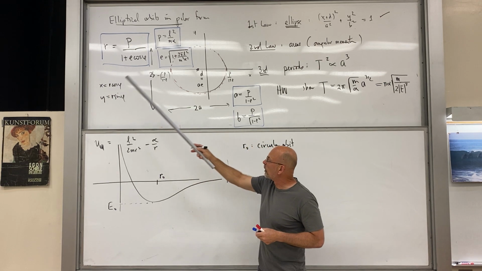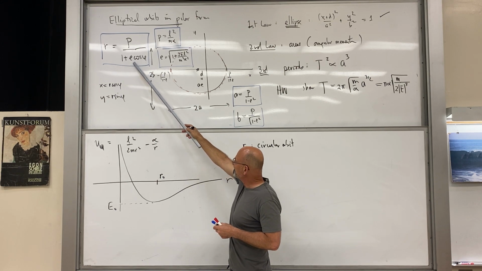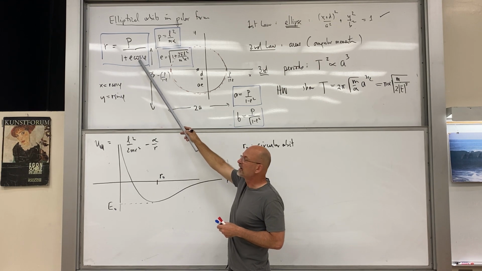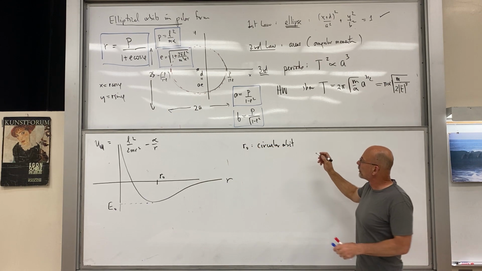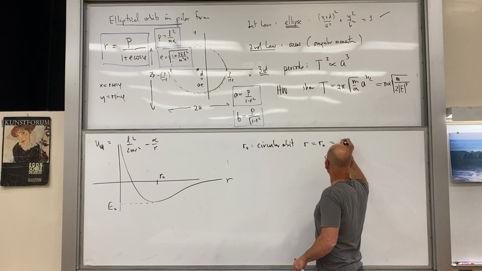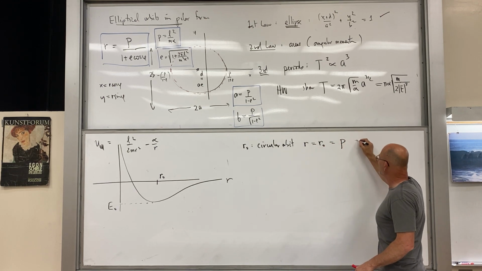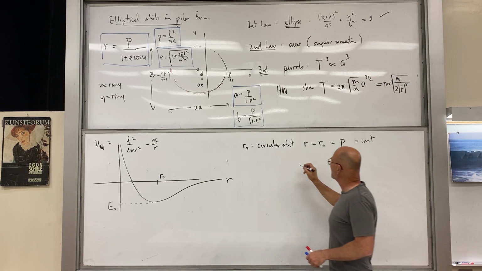We see the circular orbit when r is constant, and that'll be the case when e is 0, because then the phi dependence doesn't play any role. So for a circular orbit, r equals r0 equals p equals constant.